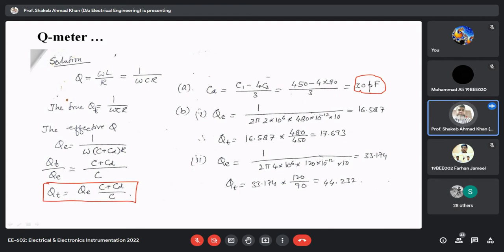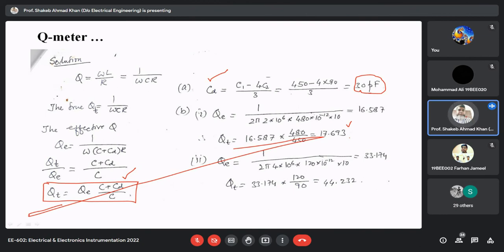Now once you are able to find the distribution capacitance value, this is your effective value of the Q factor, and this is your true value. From this formula we are able to calculate that although the measured value is 16.578, the true value is 17.693 as far as the Q factor is concerned.